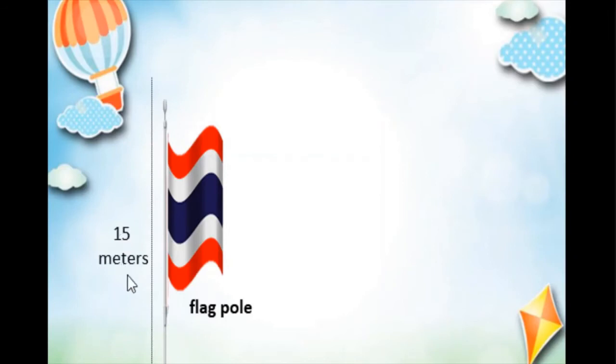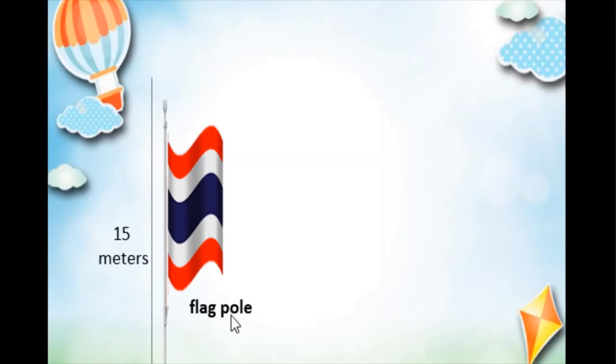Let's try to see. We have here, what is this? This is a flagpole. Okay. We are going to measure the height of this flagpole from top to bottom. And we estimated it as 15 meters tall.